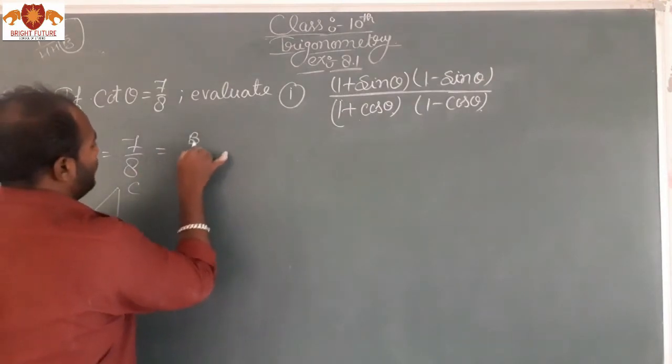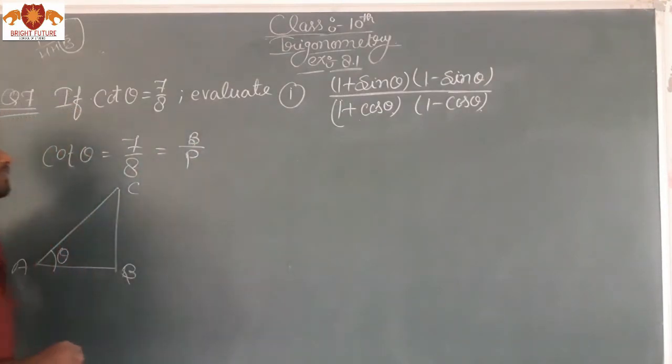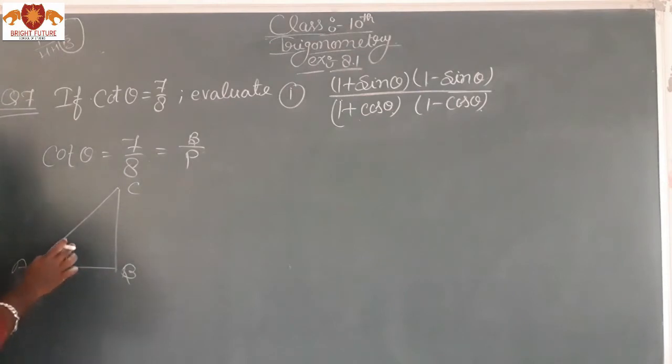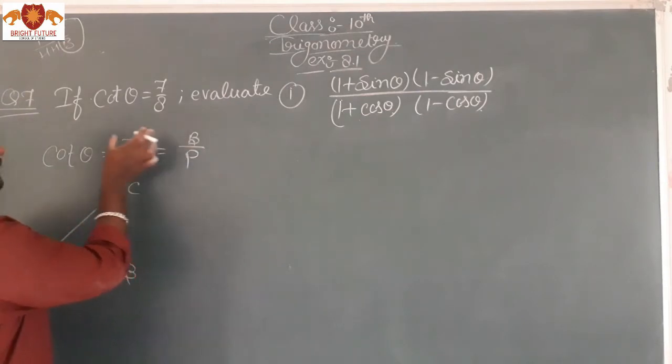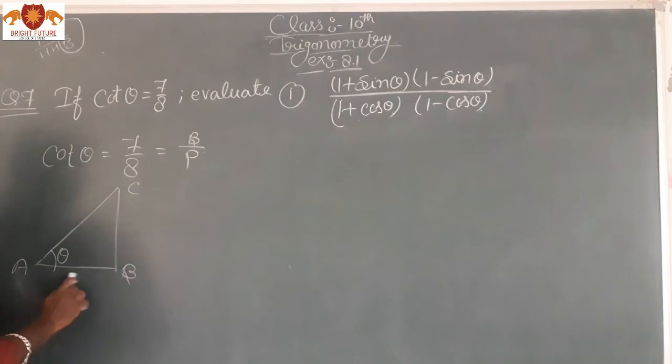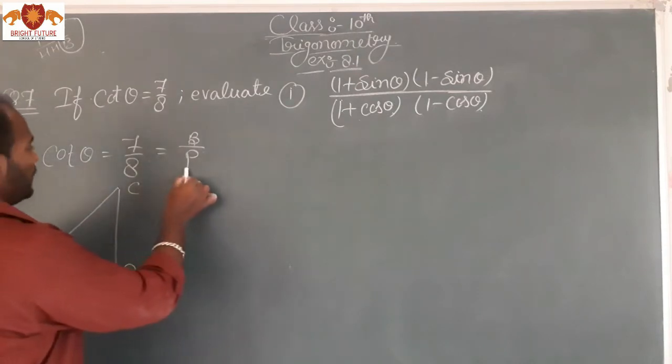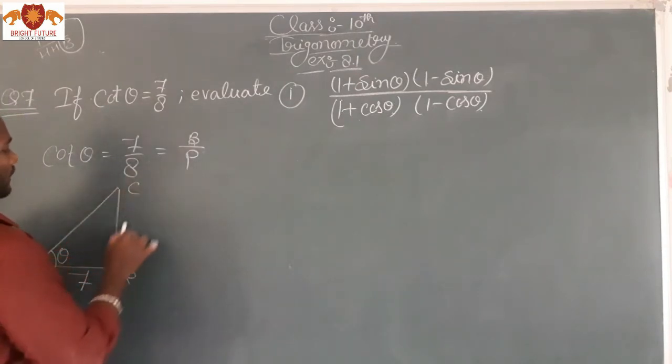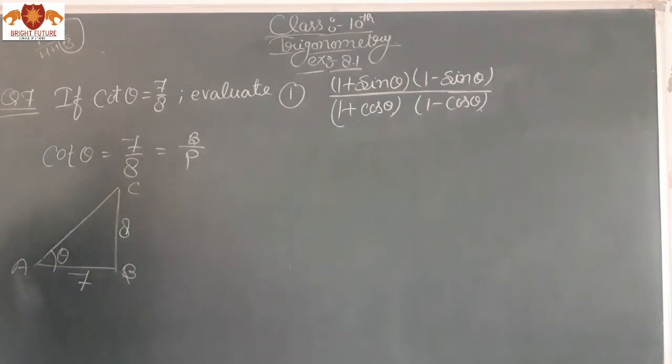So the formula for the ratio of cot is base upon perpendicular. About theta, you will see that the base is 7 and the perpendicular is 8 here, got it also.